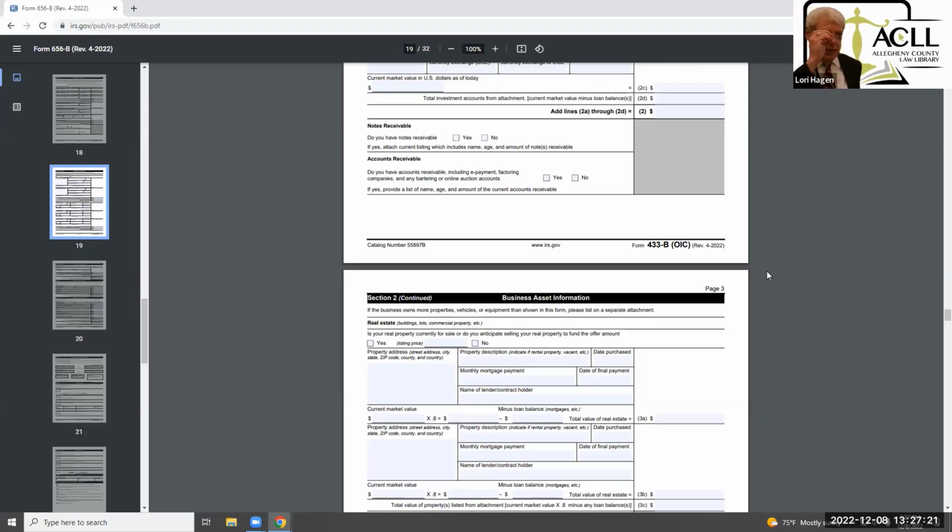The other thing is, for example, I have clients that have large bond interest that they've accrued through the years. Instead of taking it all, if you have $100,000 of interest and you need the cash, what you may want to do is divide it up over a two-year period.